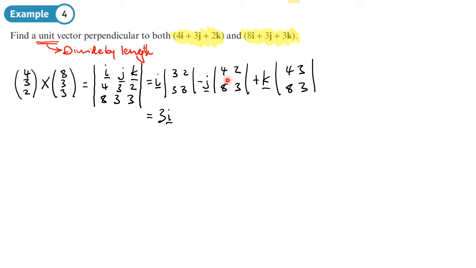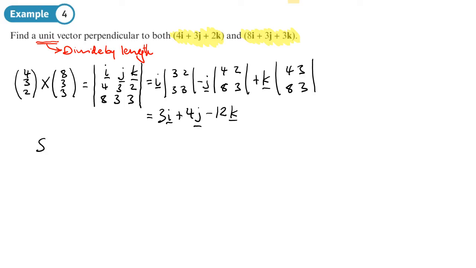So that would be minus 4, but then we've got the minus there, so it makes it plus 4. Then the last one, we're going to have 12 minus 24, that's minus 12, so minus 12k. So this is a vector that's perpendicular to both, but we need to turn it into a unit vector.